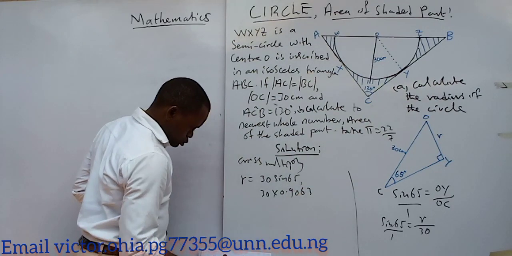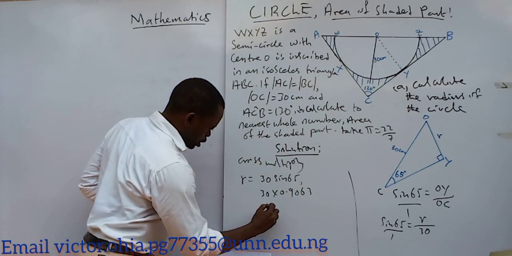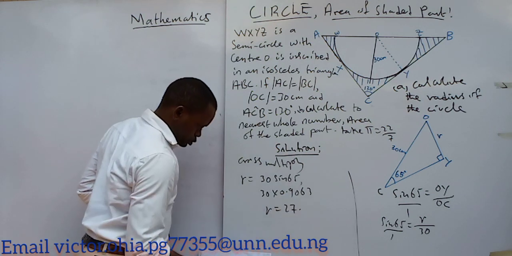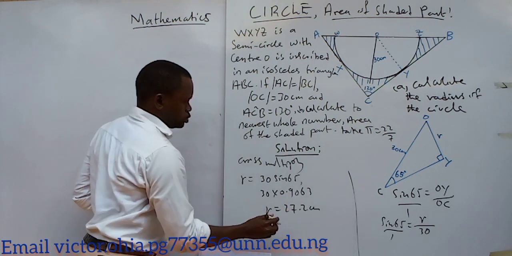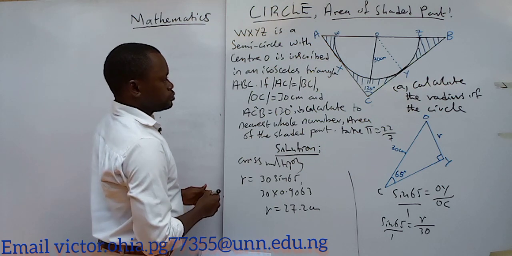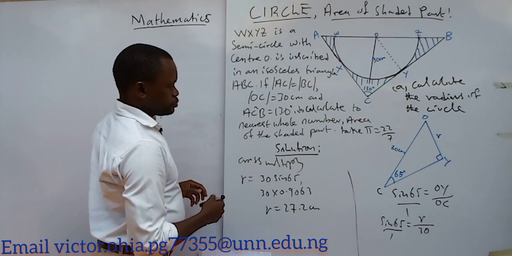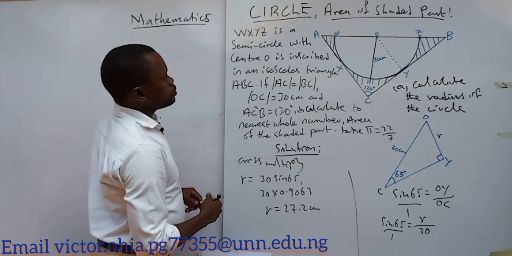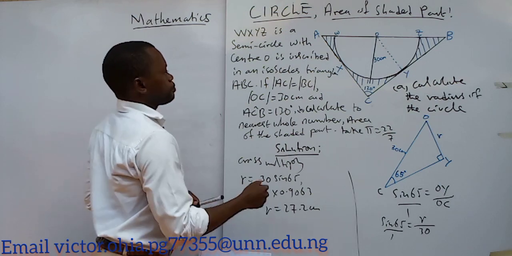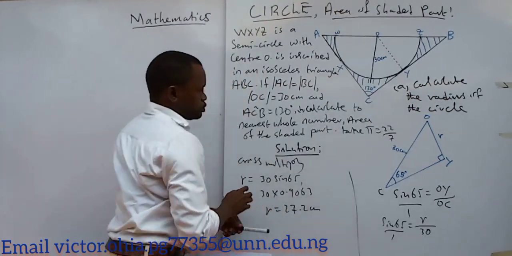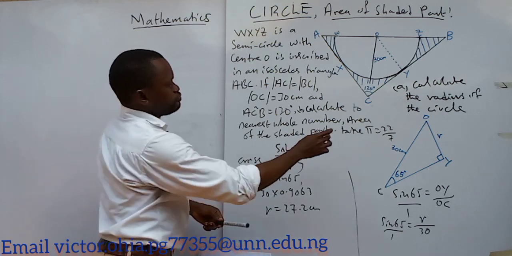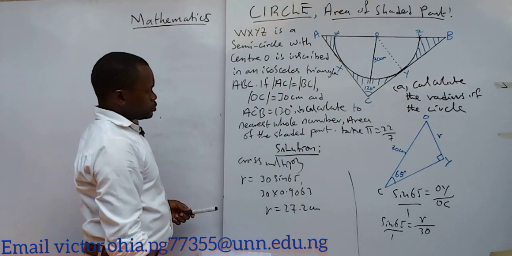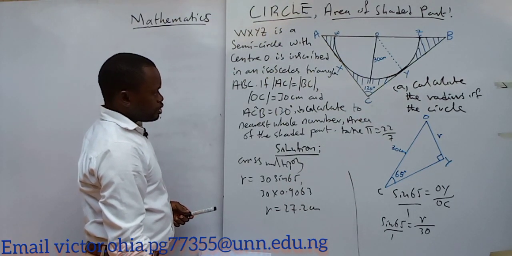The product of both is R equals 27.2 cm. So this is the radius of the circle, as required in the first question.